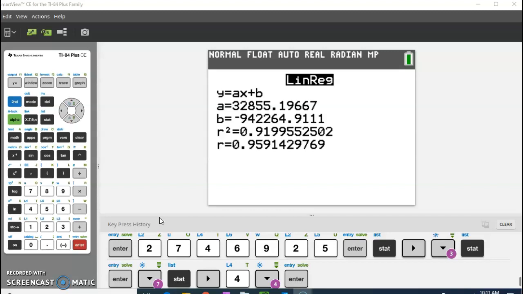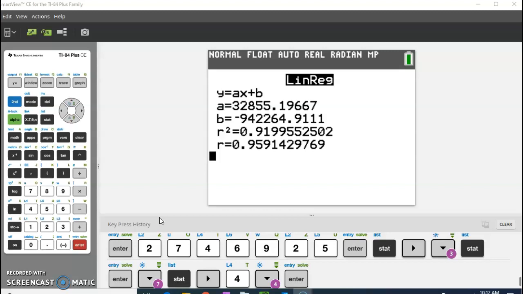And if you did not get these numbers, that means you typed something into your table incorrectly. That means you need to go back to Stat and Edit and figure out your mistake, because the rest of your entire table will be incorrect. Even if you now type in this correct equation, that means you typed an x or a y value in incorrectly.